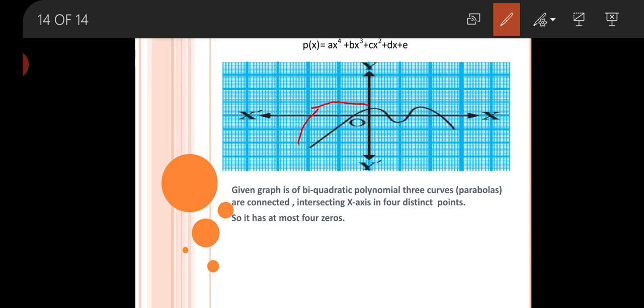That is 1, that is 2, and that is 3. That one 3, 2, 1. So 3 parabolas are interconnected.